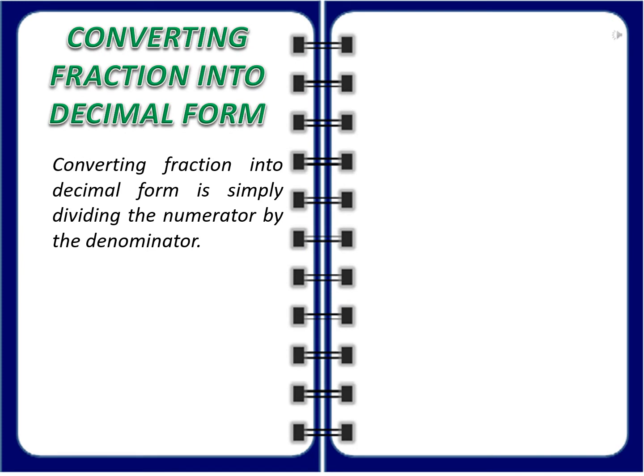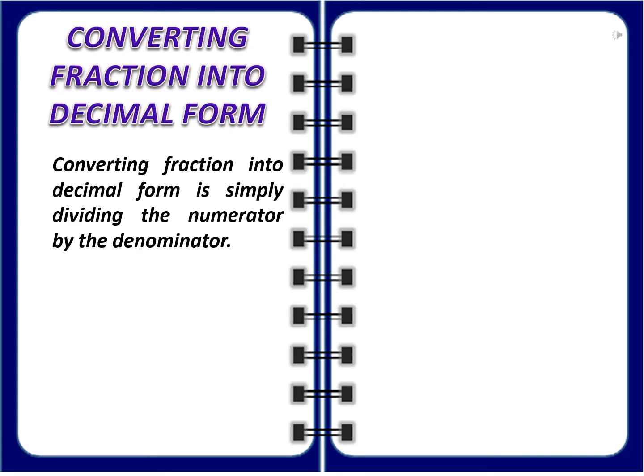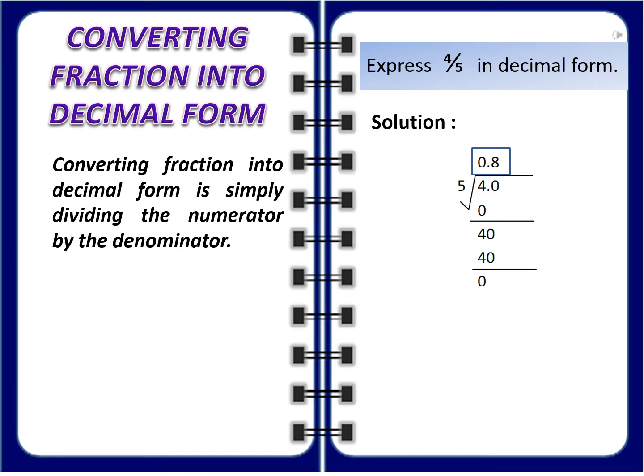So let us now consider some examples. First is converting a fraction into decimal form by simply dividing the numerator by the denominator. For example, express 4 over 5 in decimal form. As solution, 4 divided by 5 is 0.